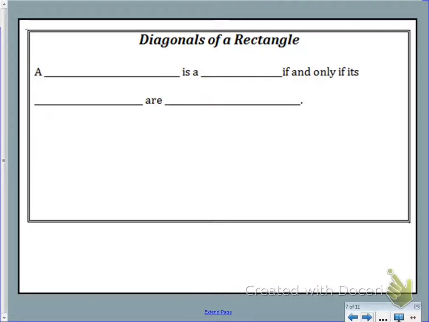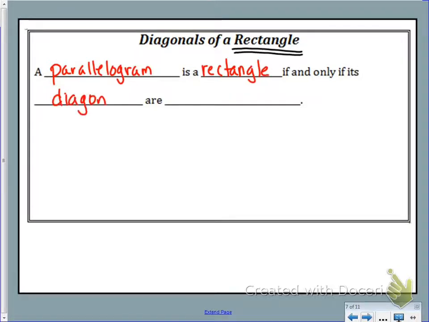Okay, let's talk about the diagonals of a rectangle. So now we're sharing information about a rectangle. A parallelogram is a rectangle if and only if its diagonals are congruent.